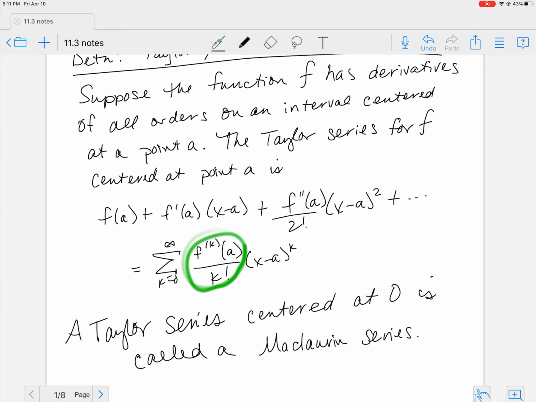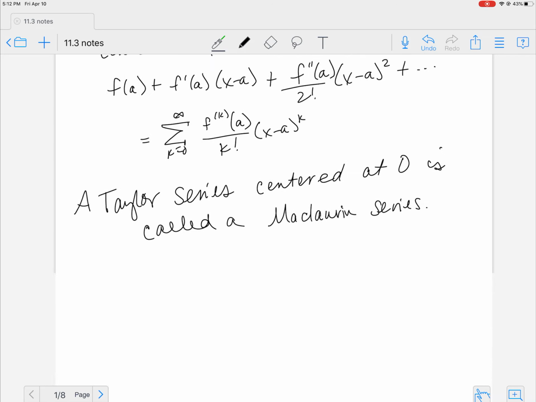You have power series, that's my big umbrella. Under that big umbrella, I'm going to narrow it down to a Taylor series where I'm going to denote this as my C sub k. Then I'm going to take a Taylor series, narrow it even farther, and say when A is equal to 0, right, I'm centered at 0, then that's specifically called a Maclaurin series. These Taylor series and these Maclaurin series are quite helpful.